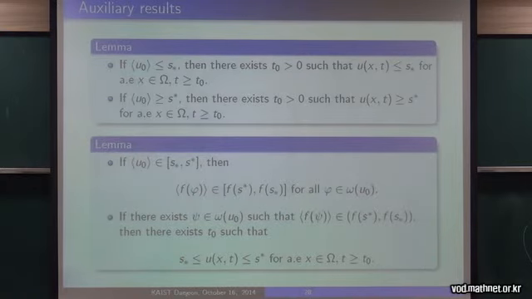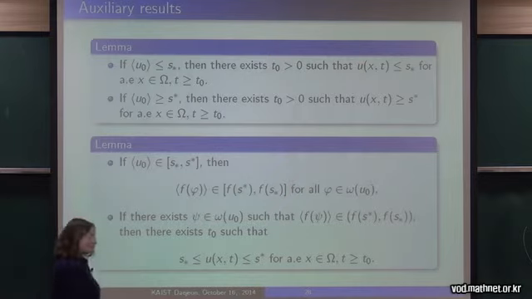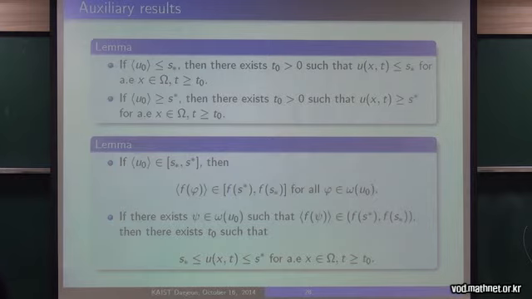Now I show you some auxiliary lemmas which help us to prove this result. Even though we have lost every real maximum principle or comparison theorem, we still have many nice monotonicity properties. And this is what I will show you here.